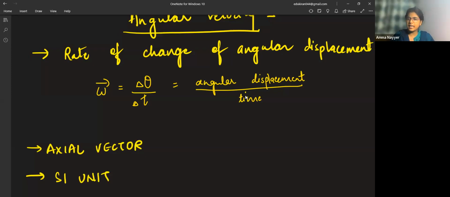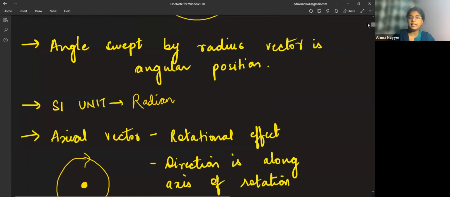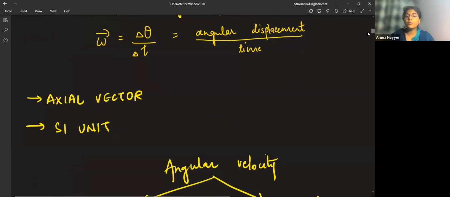Fine. This is an axial vector, and I have told you the SI unit. Yes, radian. This is a very important SI unit because this is not commonly used. We usually have a habit of using meters and centimeters, right? So here we are using radian. So the SI unit will now become radian for angular displacement per second. So radian per second. This is the common SI unit that is used.